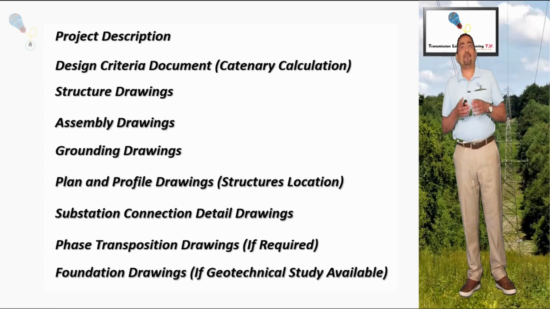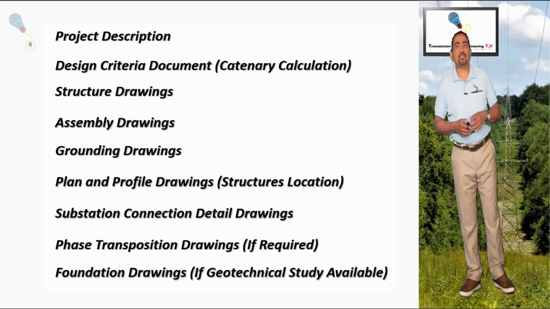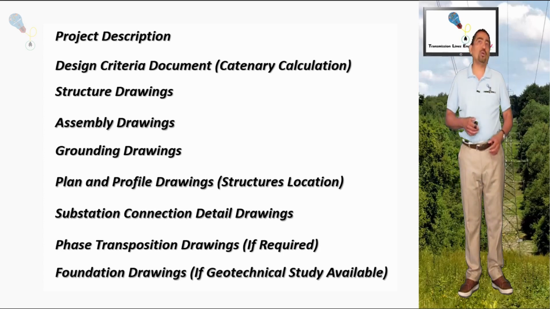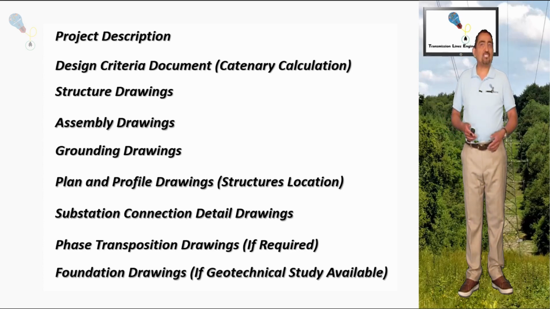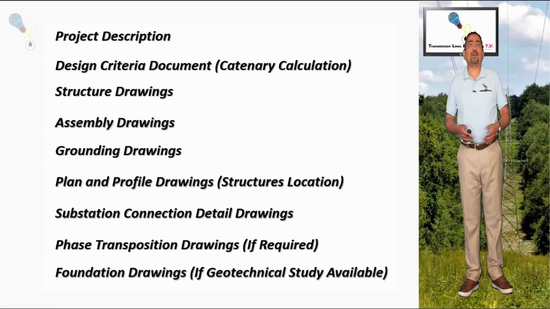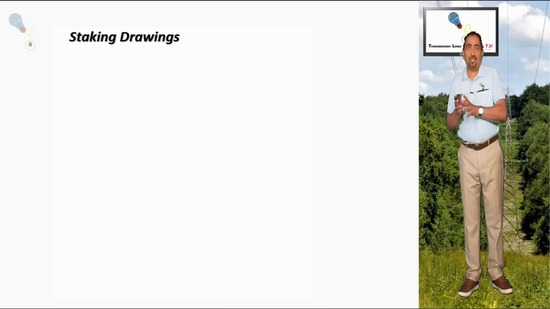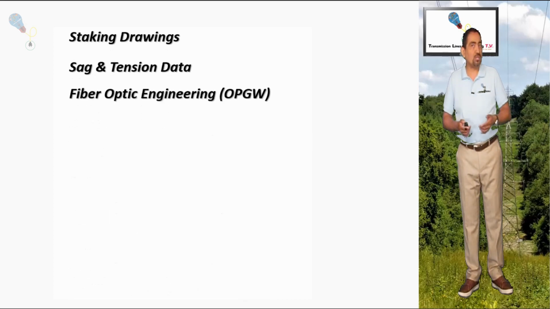So right now we have the project description document or the design criteria, mechanical calculation of cables or catenary calculations, structure drawings to be used, hardware assemblies, grounding drawings, structure location drawings, detailed drawings for connections to the substations, phasing drawings, phasing transpositions, again if they are required, foundation drawings, but this time we're going to add staking drawings with dimensions towards property line limits, but not in XY coordinates.